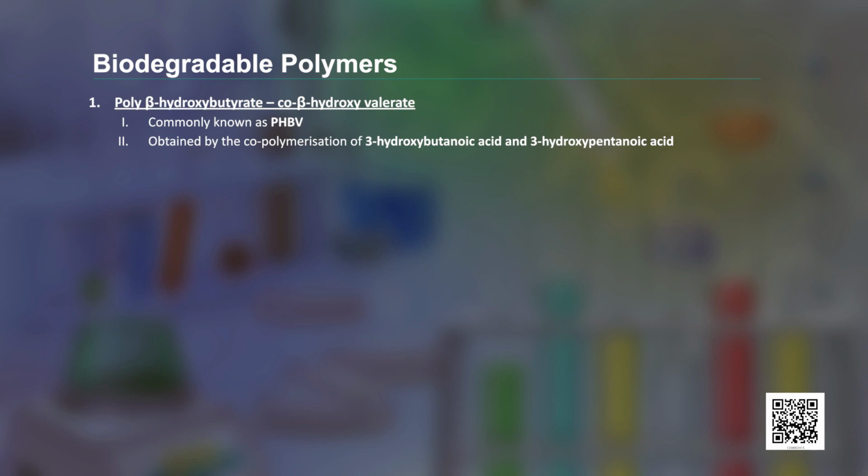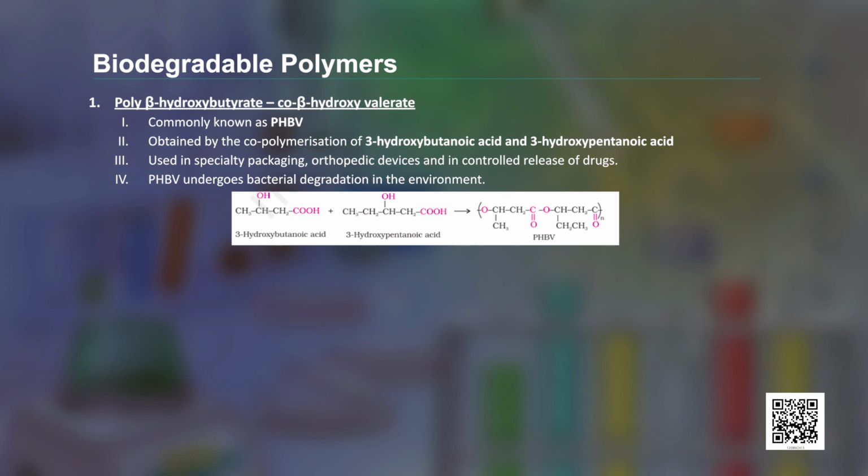It is obtained by the copolymerization of 3-hydroxybutanoic acid and 3-hydroxypentanoic acid. PHBV is used in specialty packaging, orthopedic devices and in controlled release of drugs. PHBV undergoes bacterial degradation in the environment.